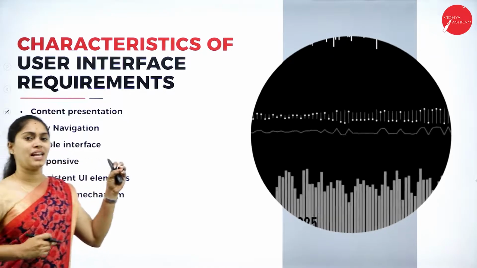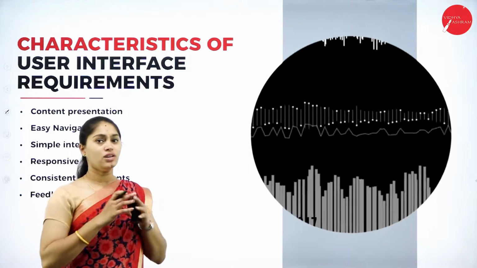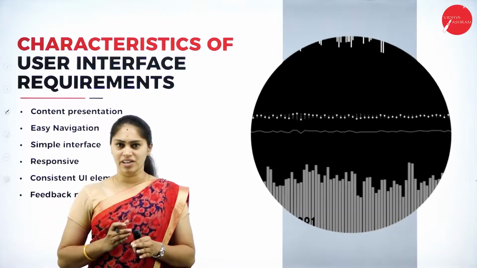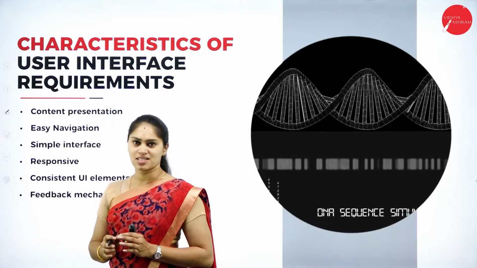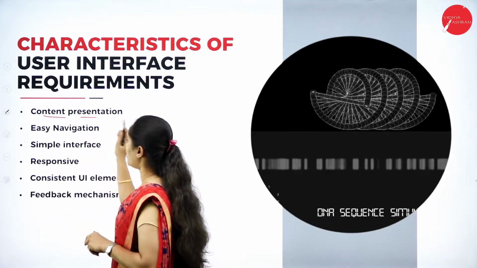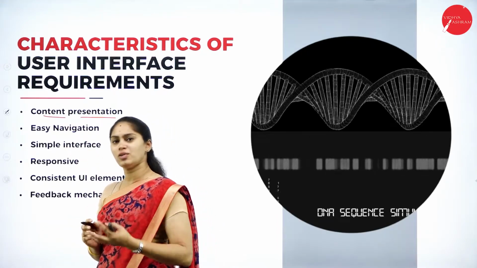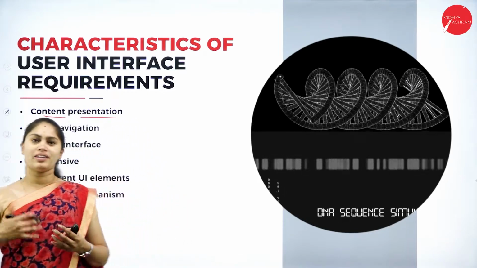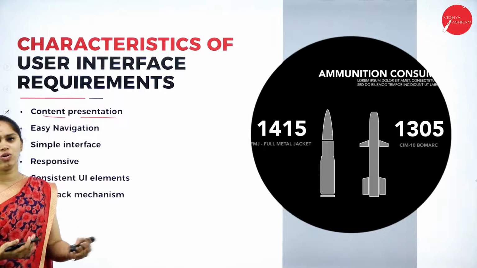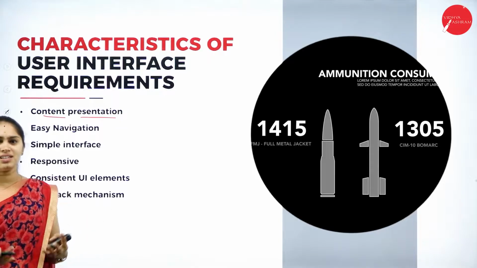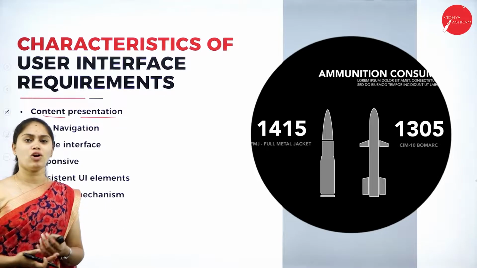When I'm collecting requirements in order to design a user interface, it must satisfy all these characteristics. What is the first one? That is content presentation. How is it going to present the content, whether in terms of text, images, tables, audio, video? The data that we are displaying can be of any type.